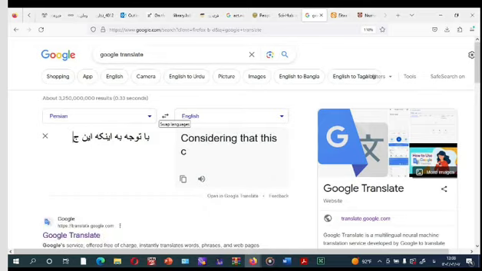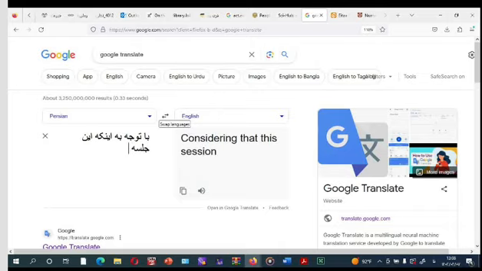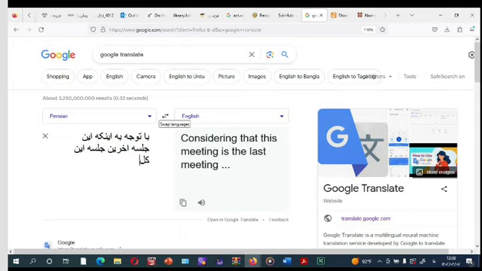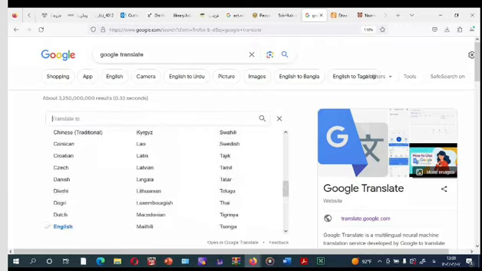This session is the last session. And translate to Arabic.